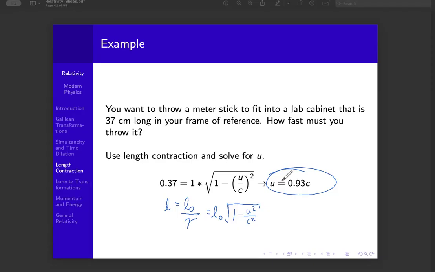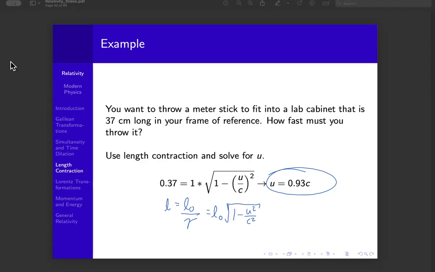So in other words, for a stationary observer, more time passes and lengths appear shorter, hence time dilation and length contraction. Another way of thinking about it: if you're a moving observer, time passes slower, and lengths appear longer.